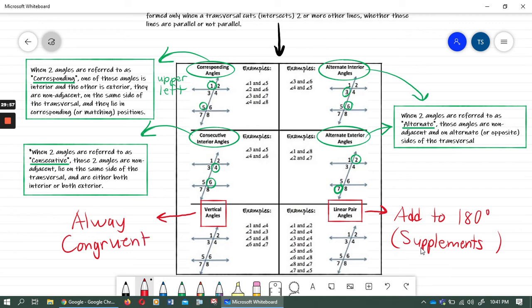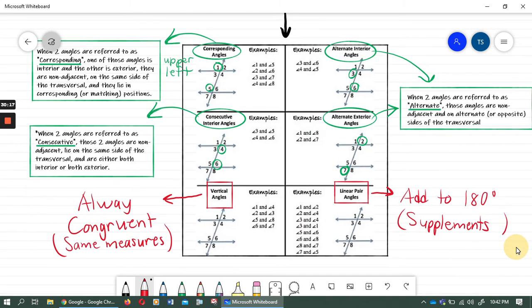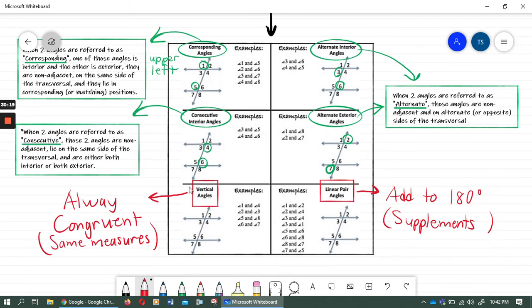I've got just one or two examples that we can do very quickly. Same measures, since I don't have space to write measurement. So just remember that. You'll always have those vertical angles and linear pairs.